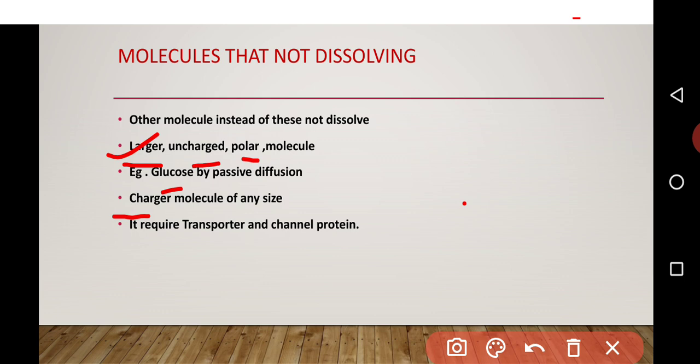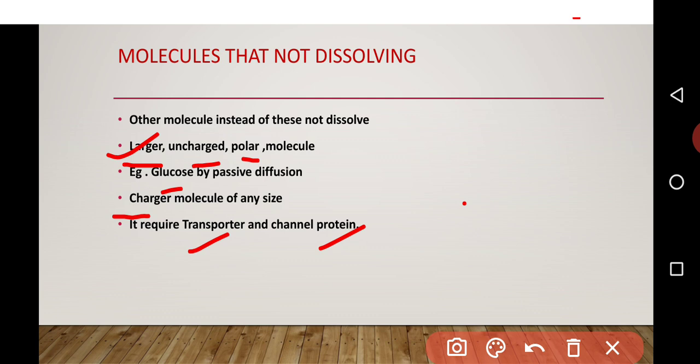The passage of these molecules across the membrane therefore requires transporter and channel proteins, because passive diffusion allows the entry of small, hydrophobic, and polar molecules.